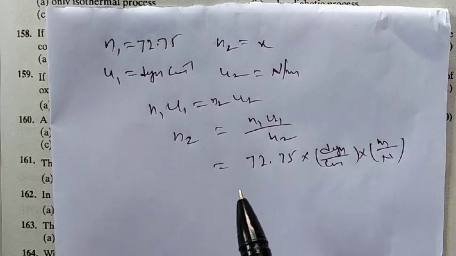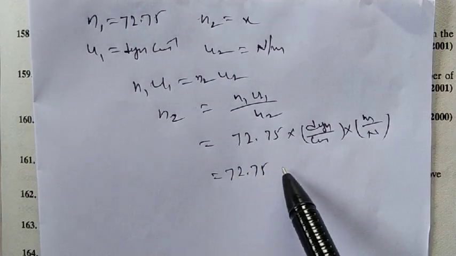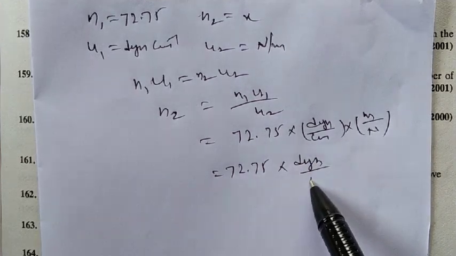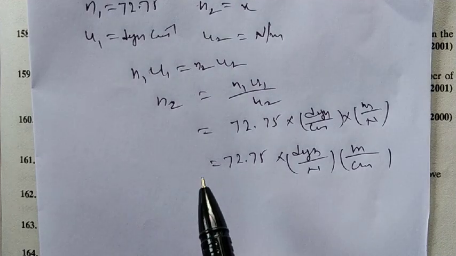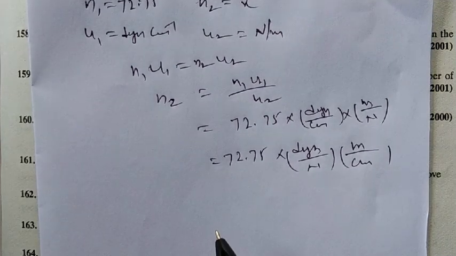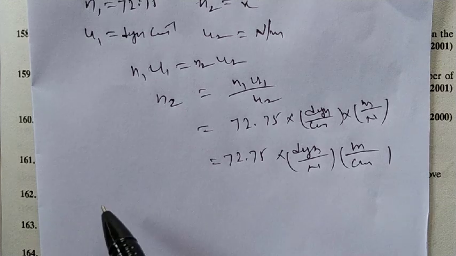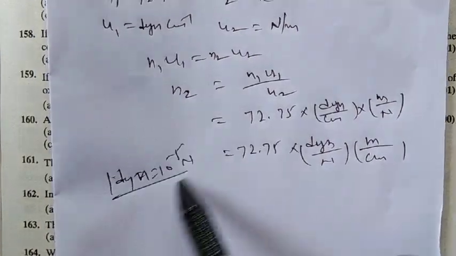Is it okay? So now we can write 72.75 into dyne per Newton, and meter per centimeter. You know 1 Newton equal to 10 power 5 dynes. Otherwise 1 dyne equal to 10 power minus 5 newtons.